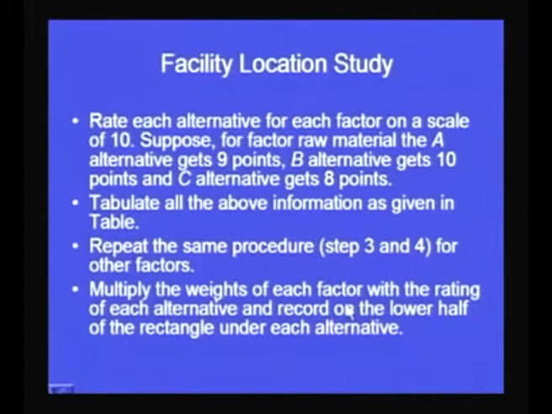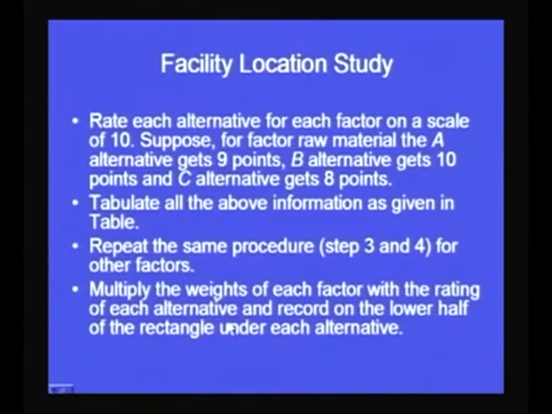Multiply the weights of each factor. Now the weights of each factor, if you remember, we have given relative weightage to all the factors. Raw material we have given the weight 10. Similarly, market the weightage is 10, but other factors like the land cost or the attitude have been given lesser weightage. So multiply the weights of each factor with the rating of each alternative.